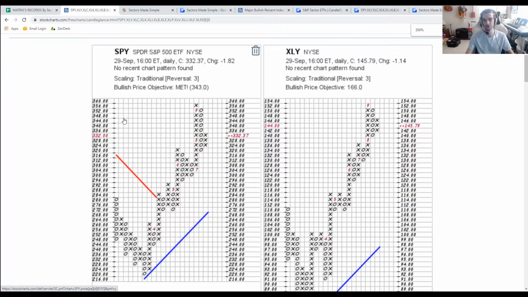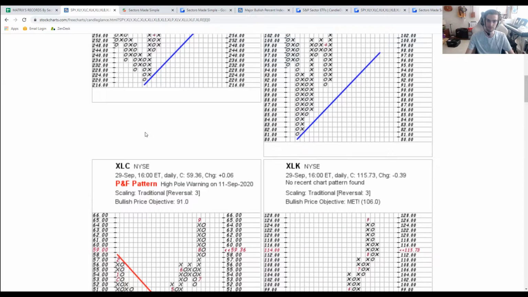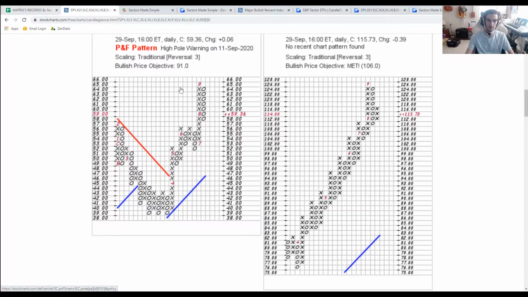So I'll zoom in so we can do it a little clearer together. SPY is in a column of X's. Discretionary, XLY, is in a column of X's. So we'll go ahead and put that in. Communications is in a column of O's.